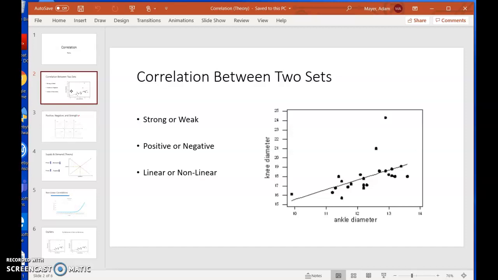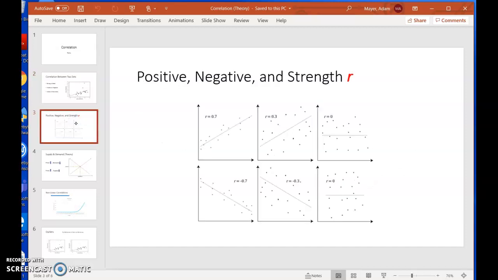The strength of the correlation has to do with how closely the data points are scattered about a line or another function. If you look at this particular visual, we have a correlation coefficient.